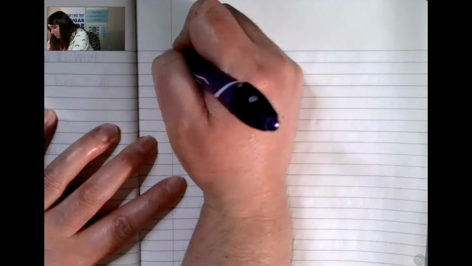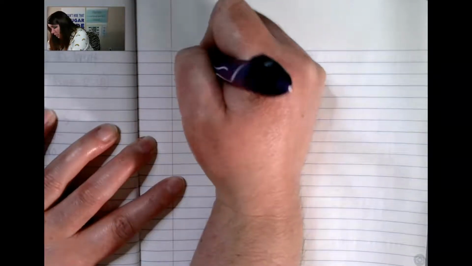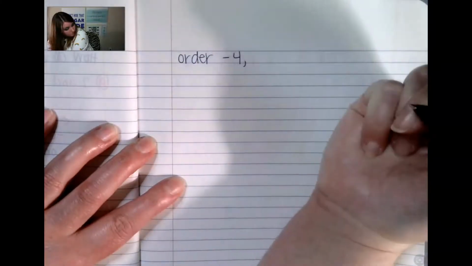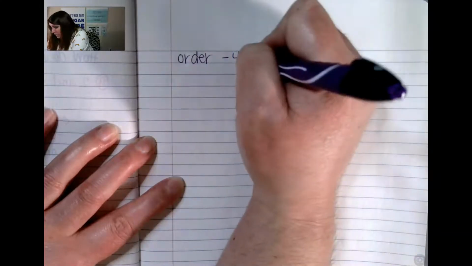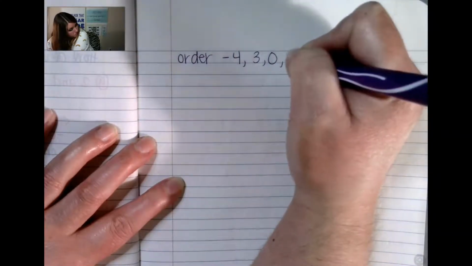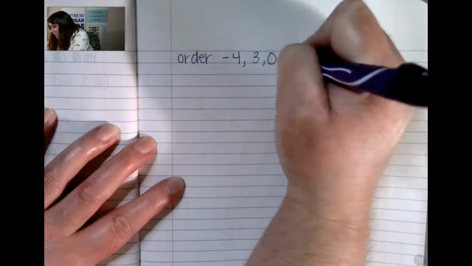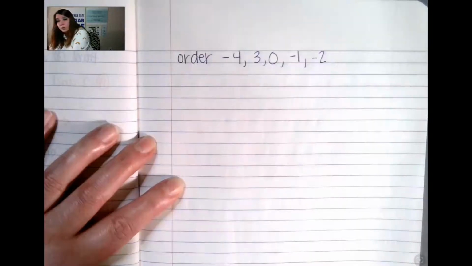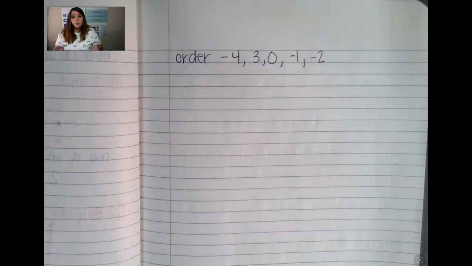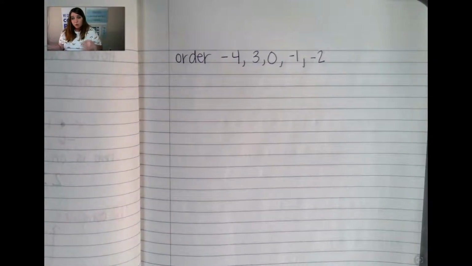So you just get a mess of integers, and they're going to want you to organize them from least to greatest. So we're going to have these integers. Order -4, 3, 0, -1, and -2. So we want to order those numbers from least to greatest.